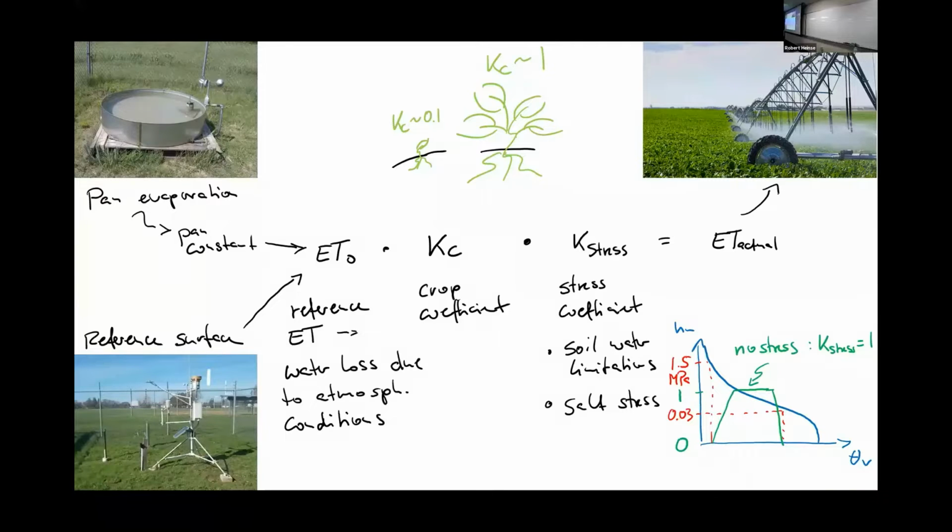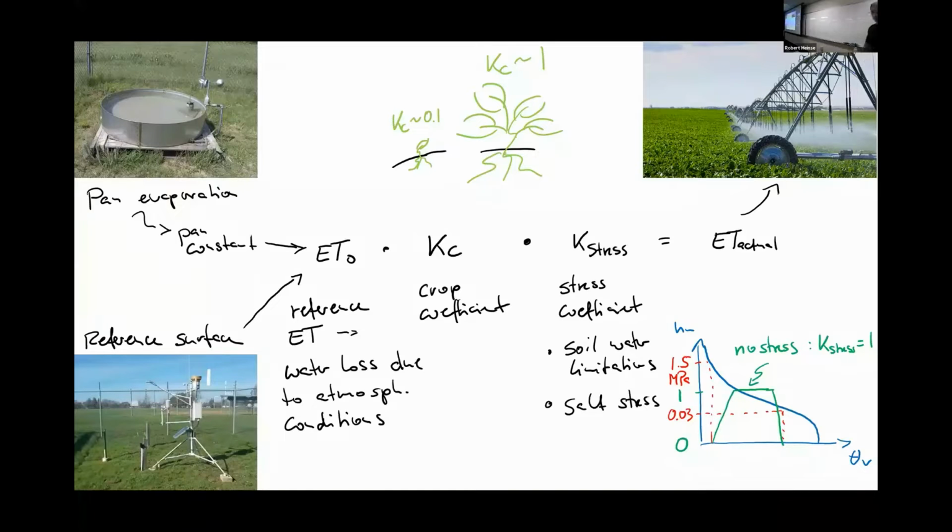People have also made cell phone apps or computer apps that help you pull the data in and put these stress coefficients and crop coefficients in to give you an actual ET. And the actual ET is always a hindsight estimate of how much water was lost the previous day, so that the farmer can make the decision to replenish what was lost yesterday with irrigation.